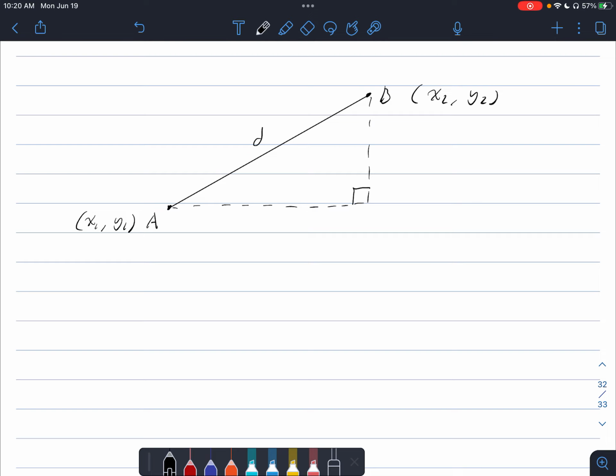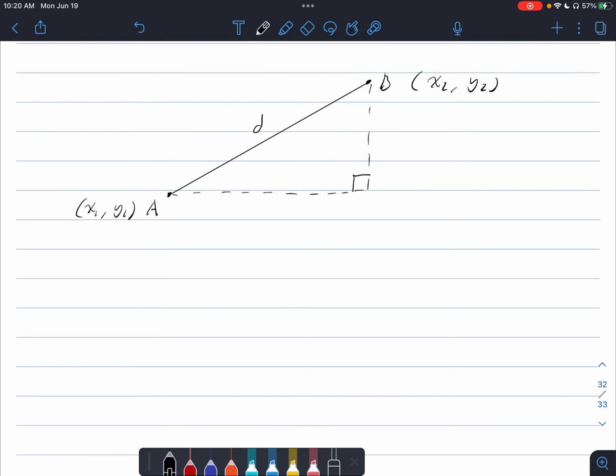Okay, and when we do this, we have an additional point C right here. Okay, we have an additional point C. So let's find the x and y coordinates for C. One of the things we'll notice is that C is going to have the same x coordinate as our point B.